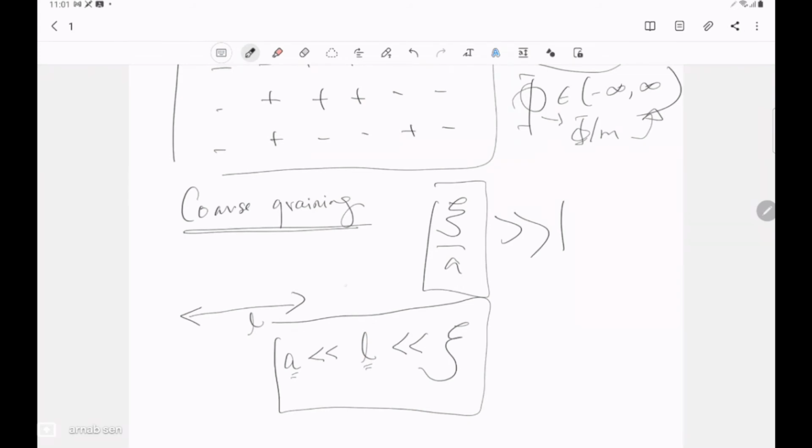Because if this length scale L is very large compared to the correlation length, then you lose the sense of the interactions in the theory. You coarse grain so much that two points separated beyond their correlation length are essentially uncorrelated. This coarse graining is something like a renormalization group. If you keep on coarse graining so much that L becomes much, much greater than xi, you lose a lot of important physics in the theory. So you don't want to coarse grain so much.